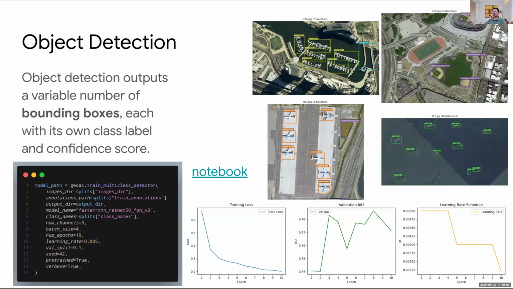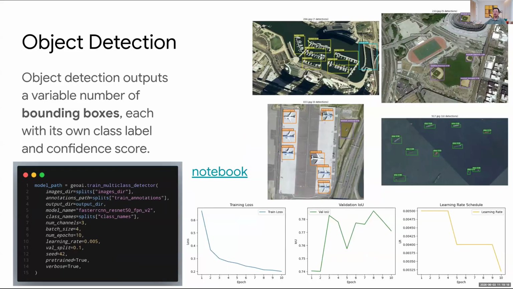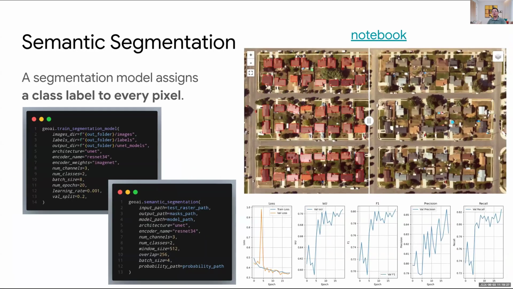But you can see the result here looks pretty decent. But object detection is kind of an intermediate step, right? Again, here, it'll be much nicer if you can delineate the exact boundary of the airplane rather than just giving a bounding box.